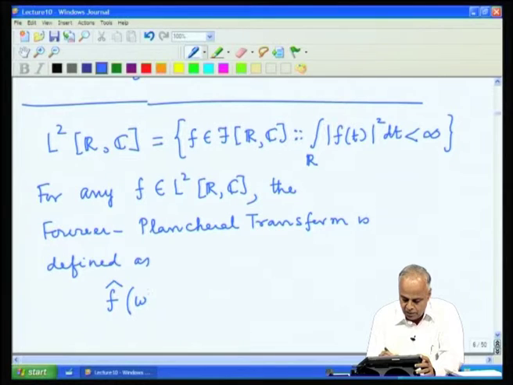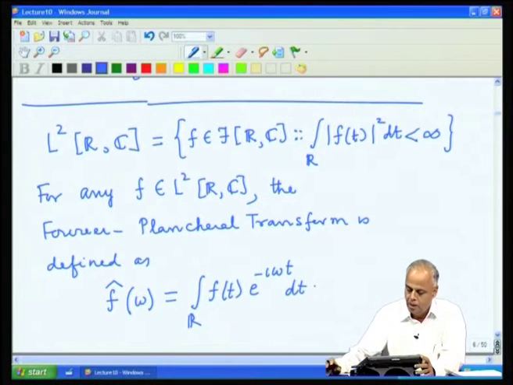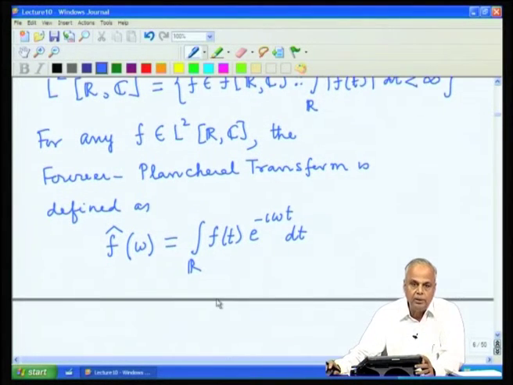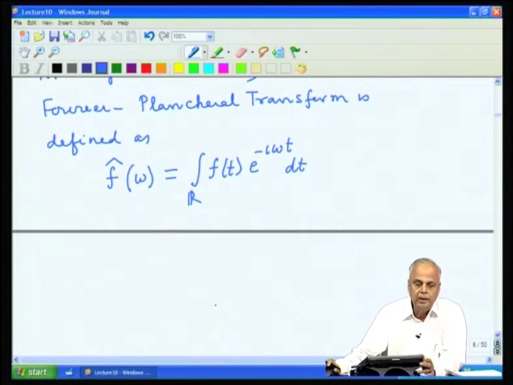It is a function of omega defined as the integral over R, which is the integral between minus infinity to infinity, of f(t) e to the minus i omega t dt. Now, technically again we will not get into the details of the definition of the Fourier Plancherel transform. The integral has to be interpreted as an integral as a limit in the mean.